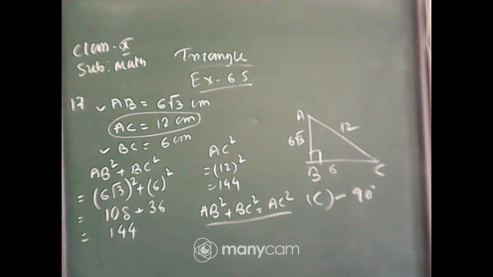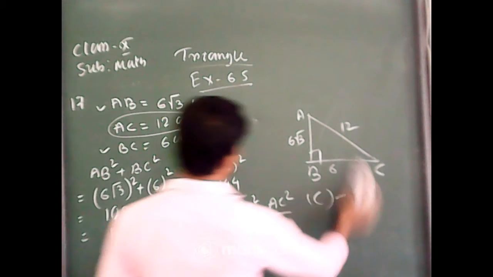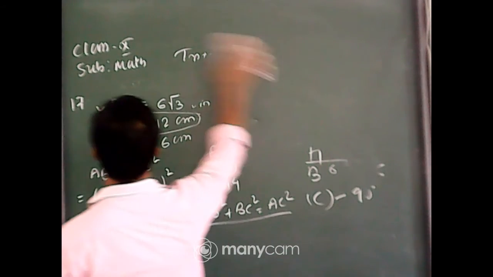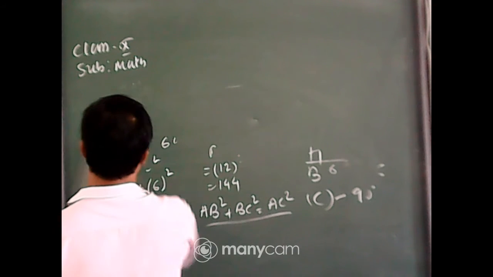Okay, so I am skipping that portion, trigonometry. Sir will solve trigonometry and its application. I'm just going to exercise number 10, and that is circle. Okay, so circle, new chapter, circle.